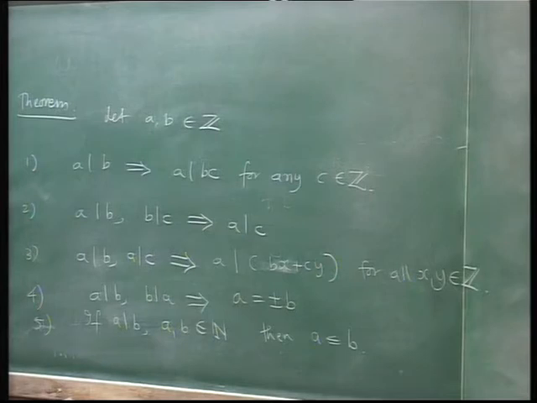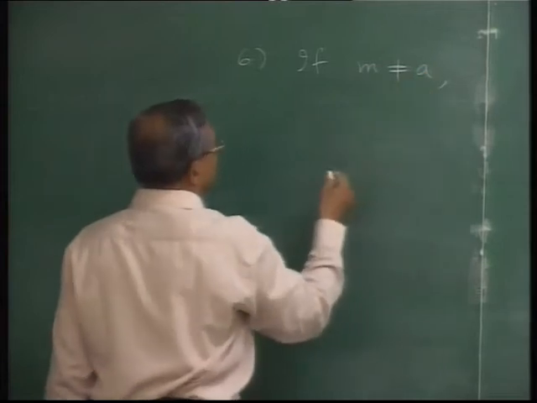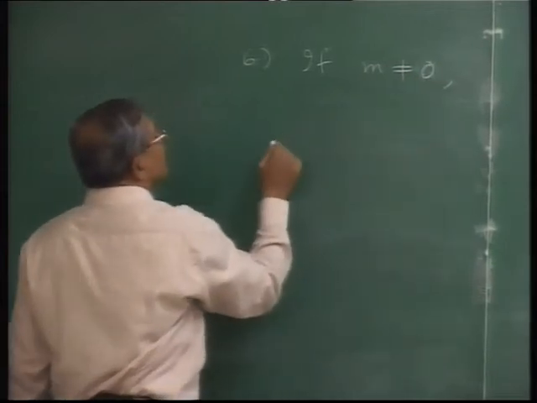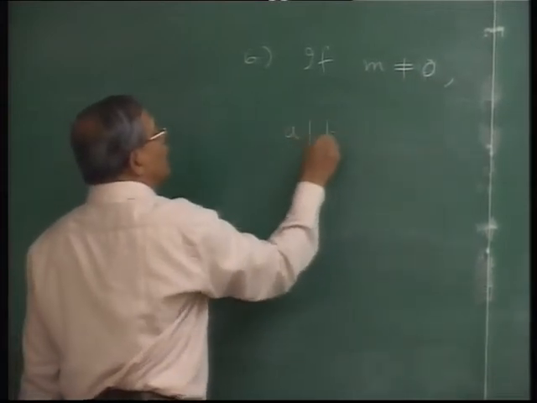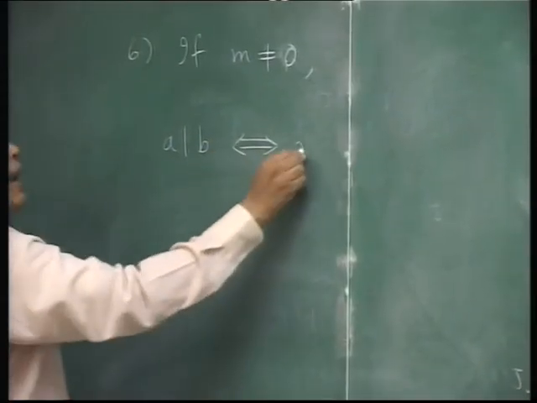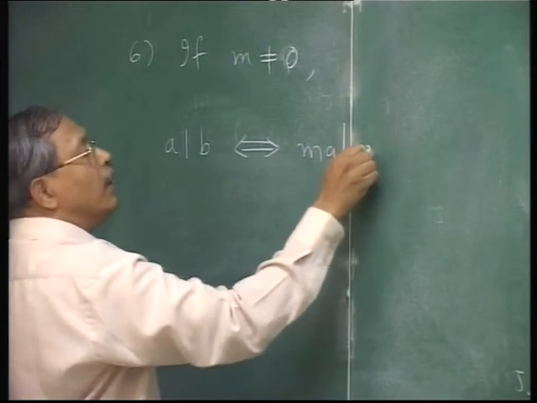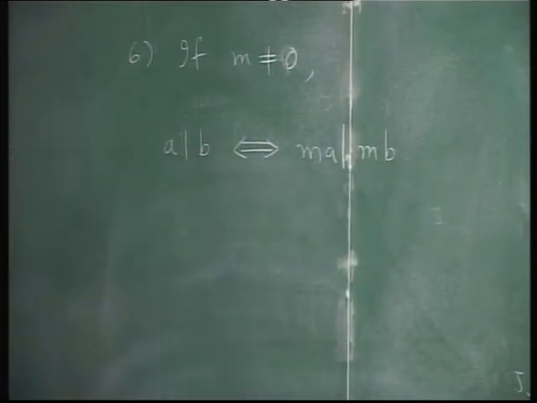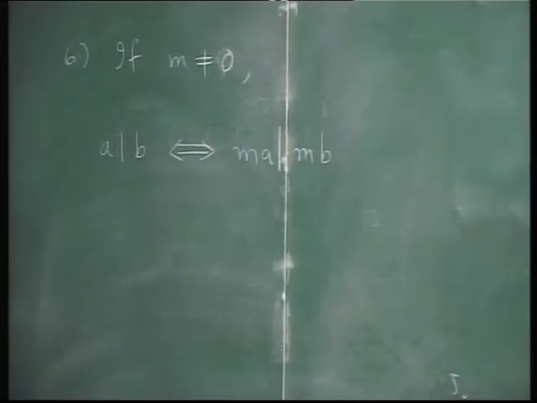And one more property: if m is not equal to 0, a divides b if and only if ma divides mb.